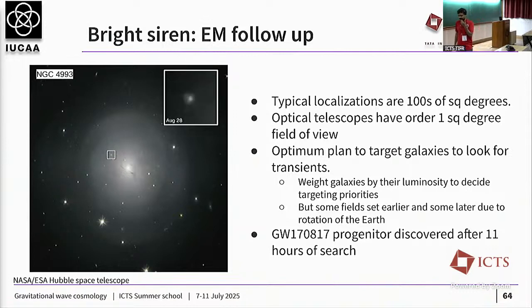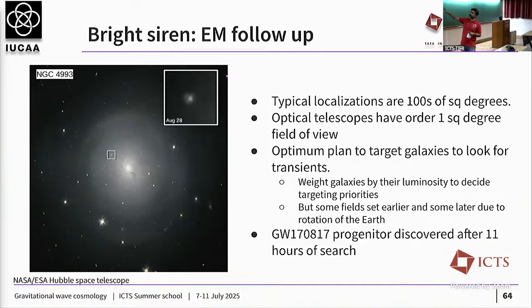There were surveys. After this event happened, all over the world, there were many electromagnetic telescopes which tried to follow it up because it was such a high value target. Including the Subaru telescope at Mauna Kea in Hawaii, which has a large field of view of about a couple of square degrees. And because it has a large mirror, being an 8-meter class telescope, it can go quite deep.